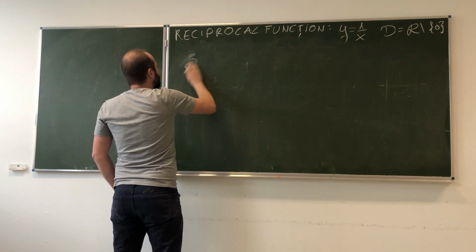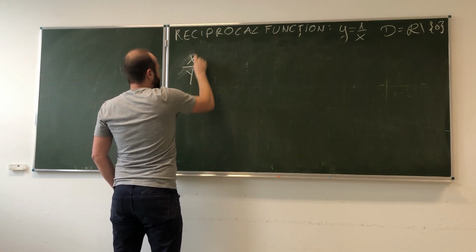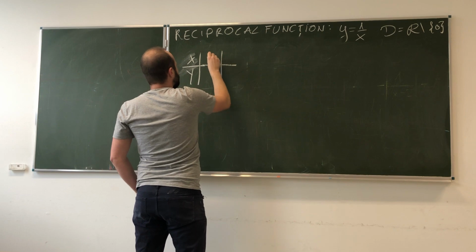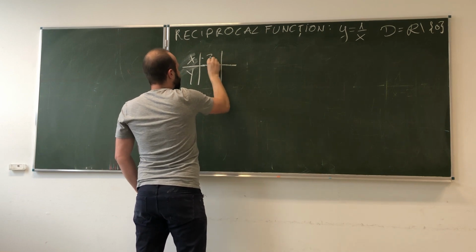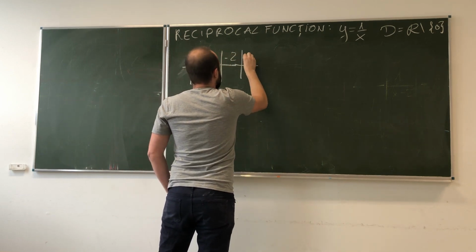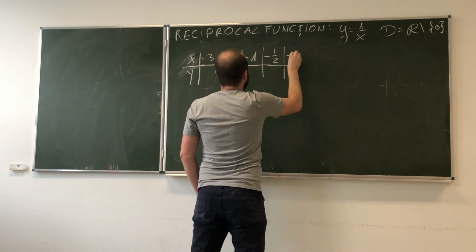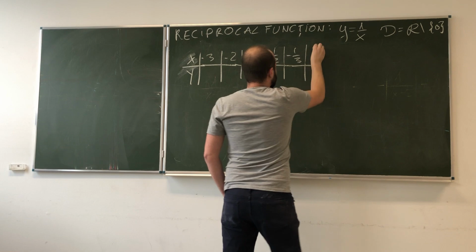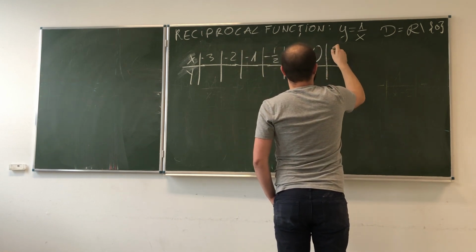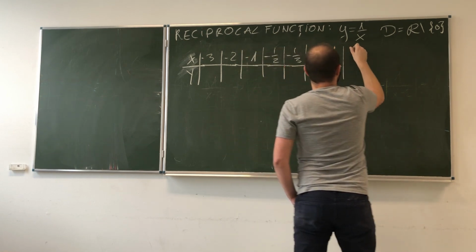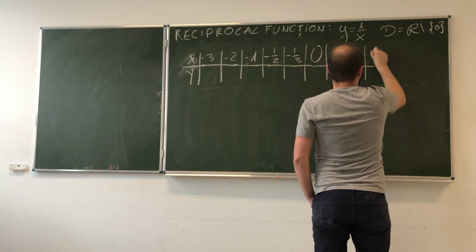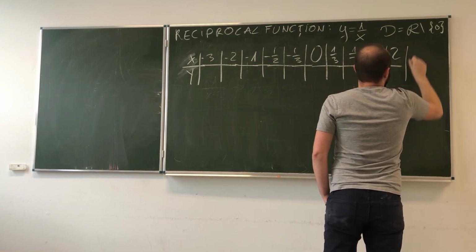Well, we already know this function very well. So let's just use a couple of values. We've got -3, -2, -1, -1 over 2, -1 over 3, 0, 1 over 3, 1 over 2, 1, 2, 3.